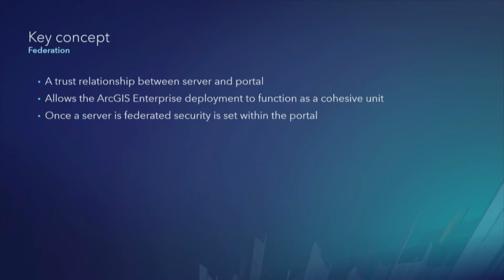That's important because if anything goes wrong, we need to be aware of what components are behind the scenes and what they're doing, so we can diagnose those issues and triage them more quickly if they were to arise. Once a server is federated with a portal, the biggest change is that security is now set at the portal. This means if anyone wants to access secured content, meaning that you did not share it with everyone and enable anonymous access, they need an identity.